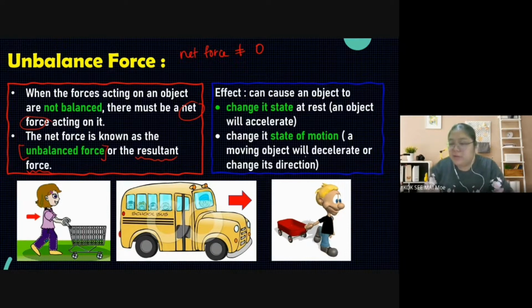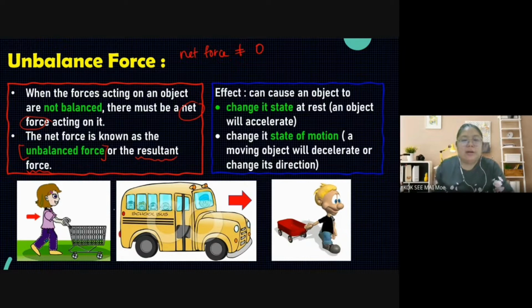Okay, when driving very fast, then you see the traffic light in front of you turn red already, then you want to slow down. So you make your car slow down. You press the brake. So finally, you see the moving object decelerate, and also maybe you want to change the direction, then you turn your steering, then you change the direction. So like this, we call it unbalanced, because you already apply some force to the same system.